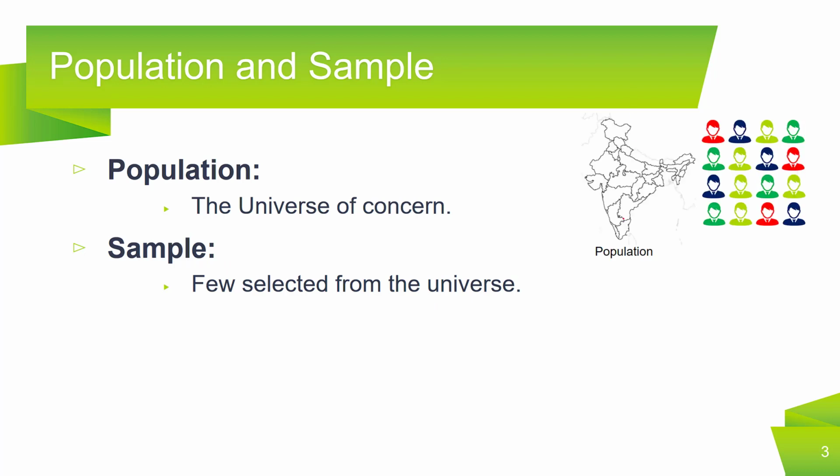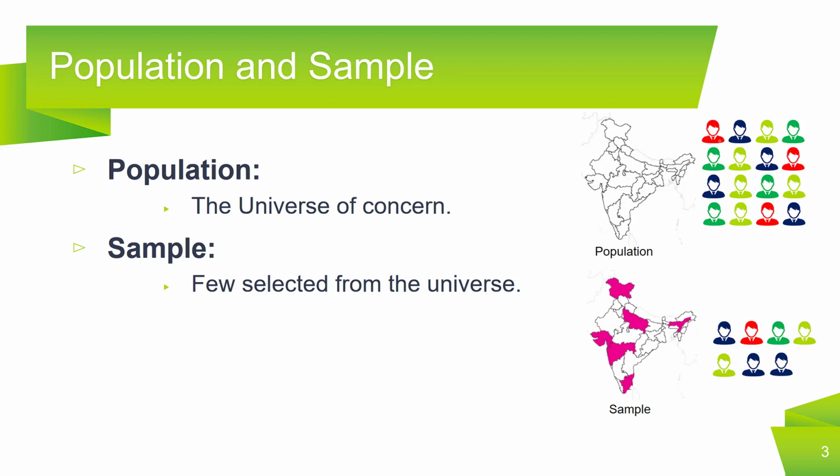For example, in India, we have a number of states and different peoples living in those states, right? So from this entire division of states, if we randomly select few states, and from these states we randomly select few people, right? Then this will be called as the sample and this will be called as the population.